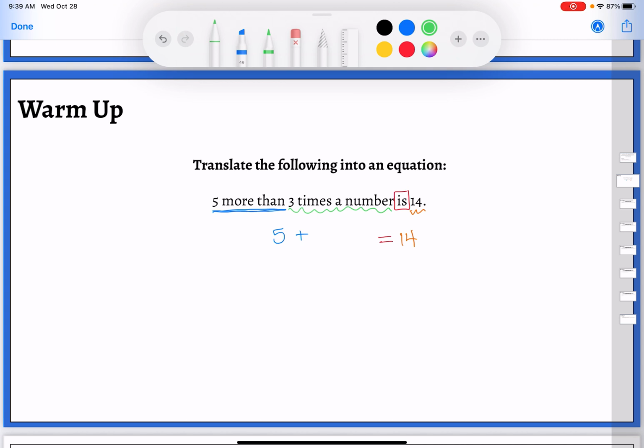Wherever we have the words "a number," that's going to be our variable. x equals a number, so we should define what our variable is going to stand for. In this equation, I want to have 3 times that number, so it will be 3x. So our final equation there would be 5 + 3x = 14. Hopefully you got that one right.